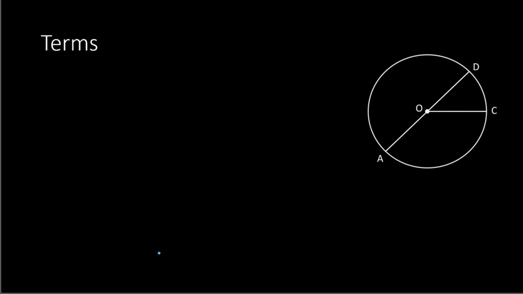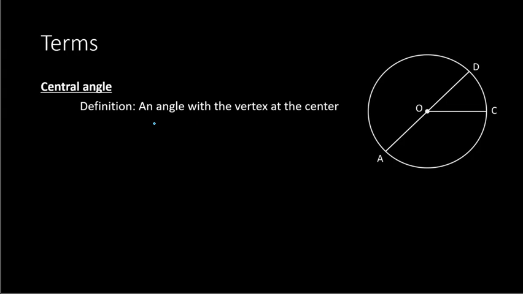We have another term on this slide, called a central angle. This is an angle where the vertex is at the center, which makes sense. Central angle, angle at the center. So for example, here we have angle DOC.